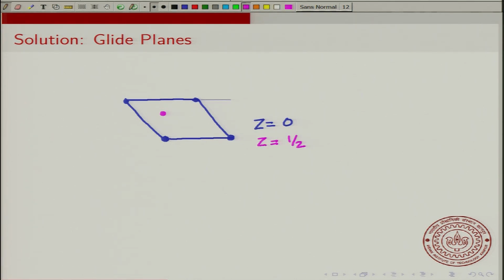So, essentially there are two atoms in this unit cell. If you look at this whole cell, you see atoms at the corners, and the net contribution of all those atoms is just one atom, and then you see one inside the cell.